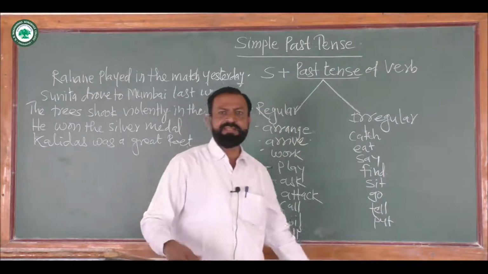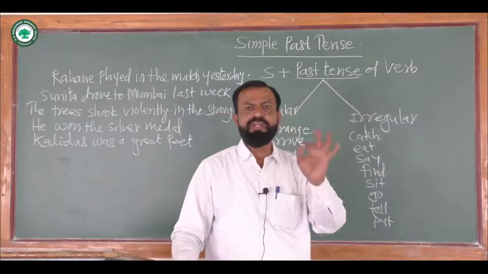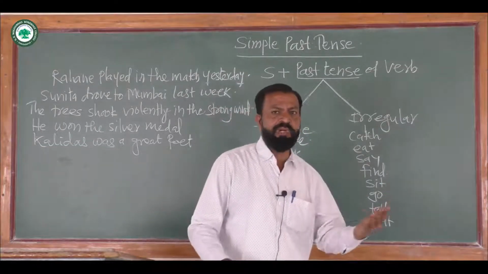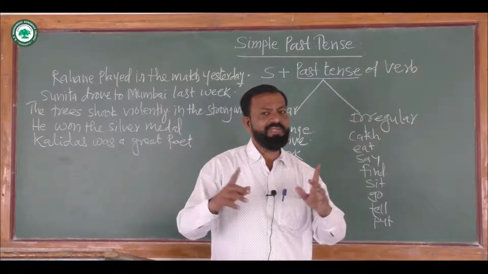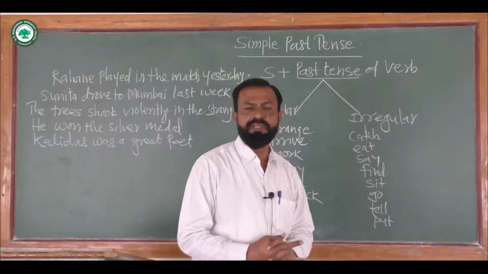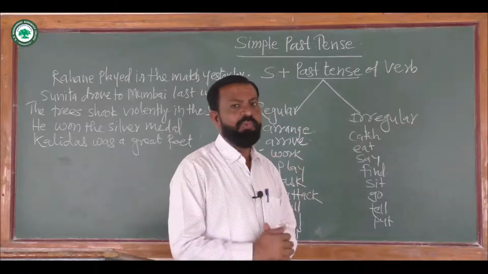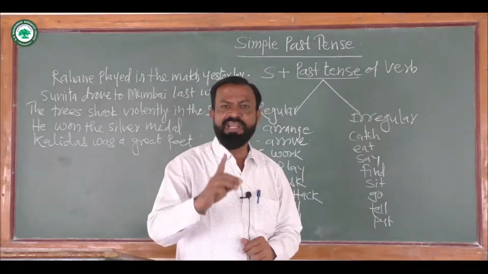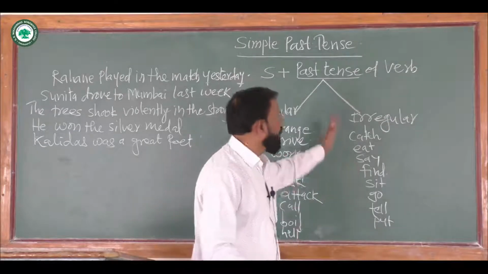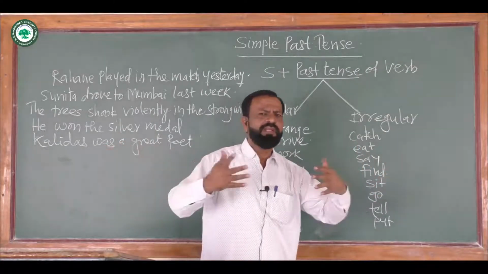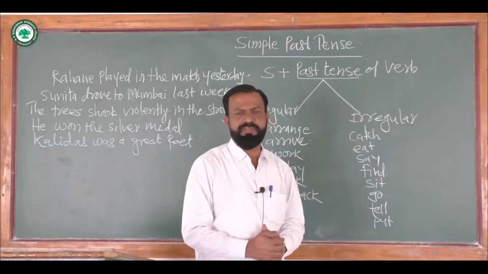So this is the list of regular verbs, and there are some verbs whose past tense is never made by adding ed. These verbs are known as irregular verbs. For examples, if you go to the internet, you will get a number of examples.